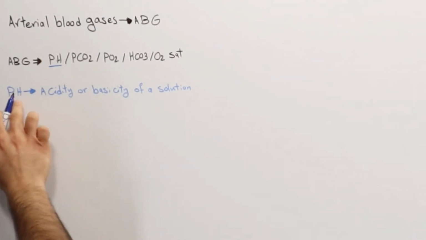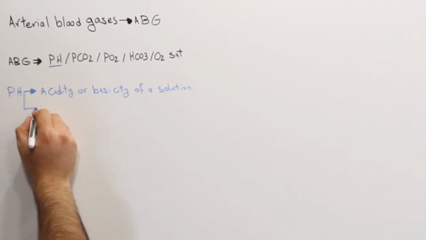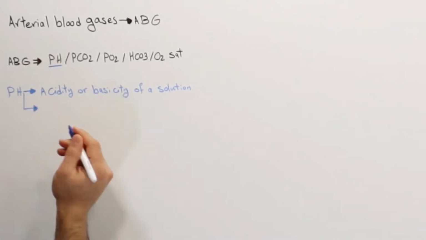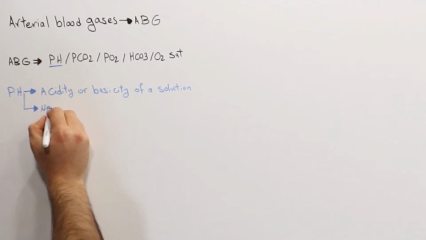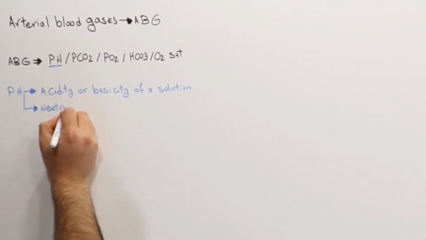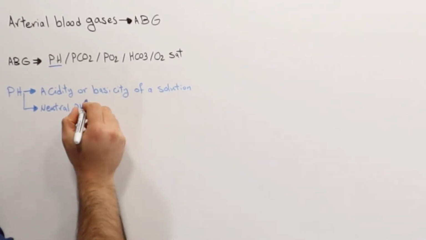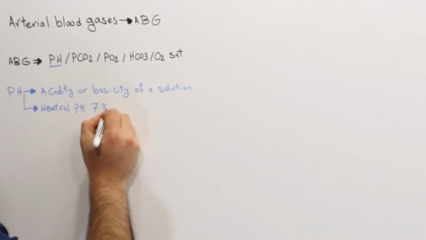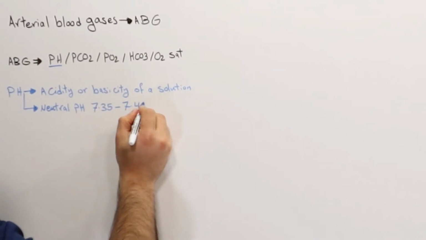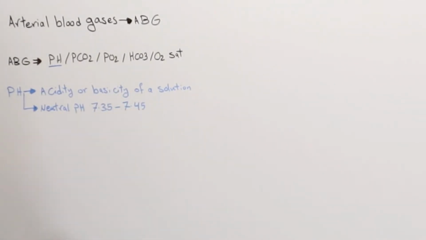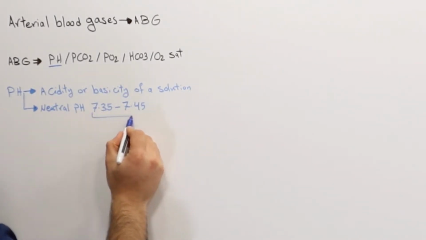And the reference number for pH, or in other words, the neutral pH, is basically 7.35 to 7.45. So, what does this mean?